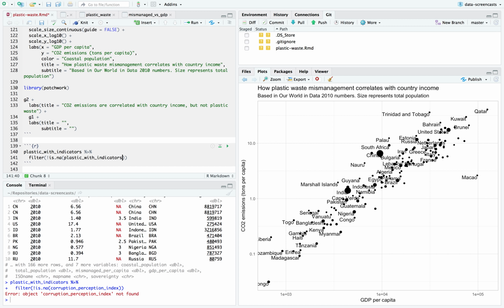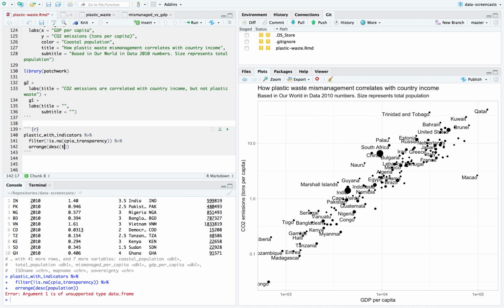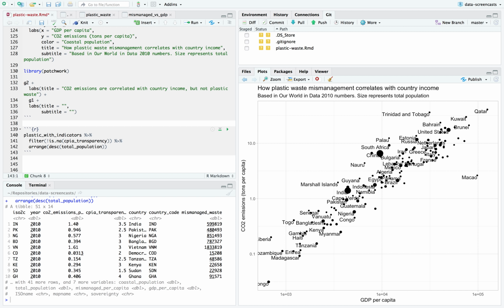I'm going to say for only the ones that have a CPIA transparency, ooh, we lost a lot of data. That's too bad. If I arrange in descending population, do I at least have the big ones? I meant total population. Nope. We do not have ones for our richest countries. We don't have it for the United States even.